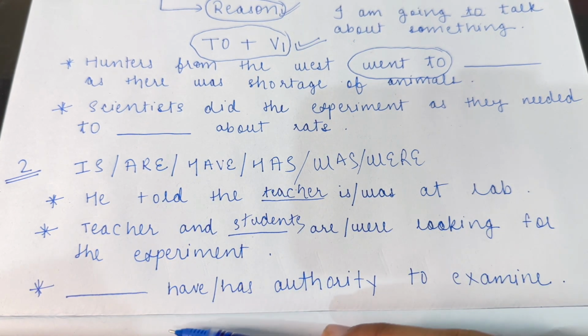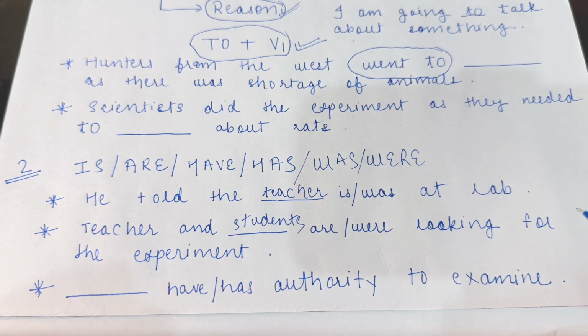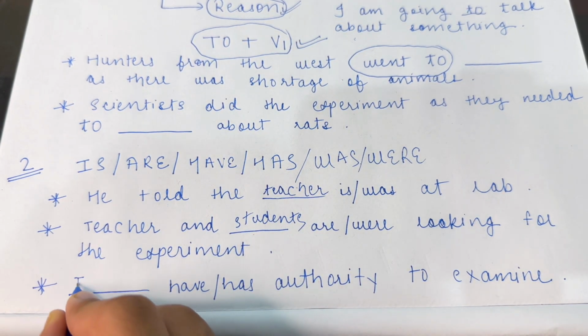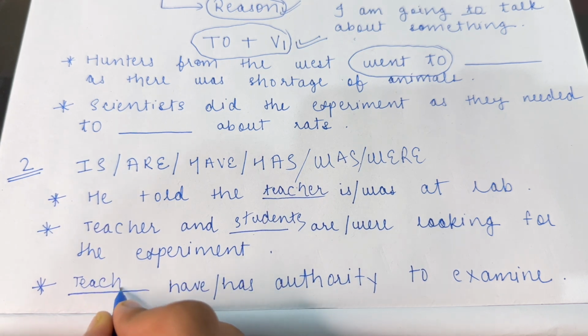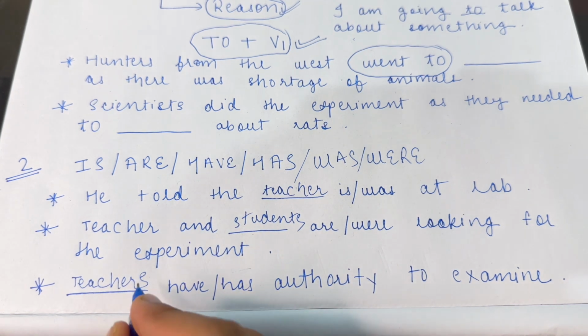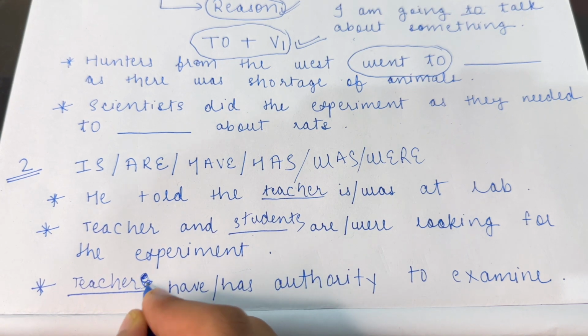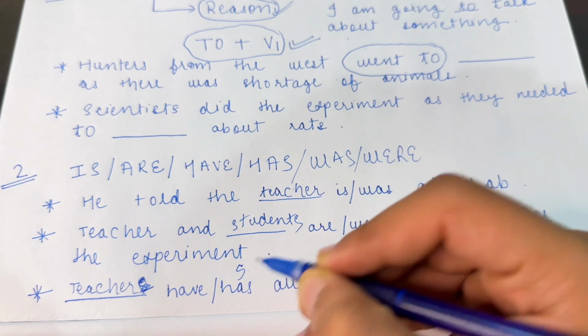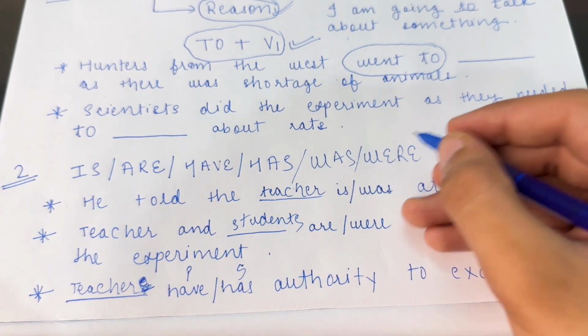Next: dash have authority to examine. If I write here teachers, teachers have authority to examine. If it is written as has, then I will use teacher, not teachers, because with has you have to use singular, and with have you have to use plural.